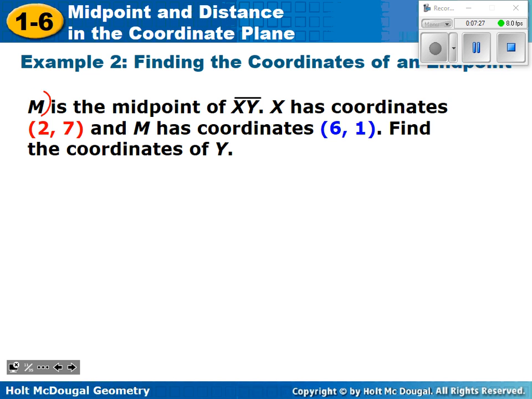This time they tell you M is the midpoint, but M has the following coordinates. So they're not asking you to find the midpoint. They're giving you the x coordinate of your endpoint is 2, 7, and then they're asking you for the y coordinate, which is the other coordinate of your endpoint. So they're asking you to find the endpoint.